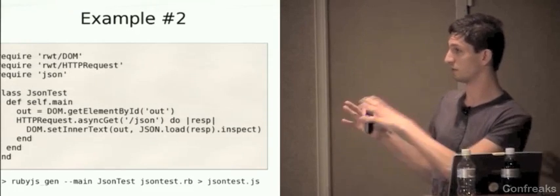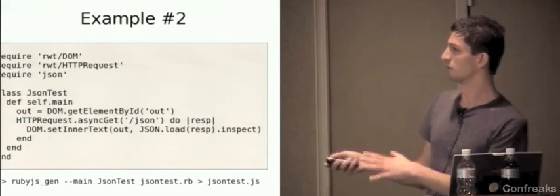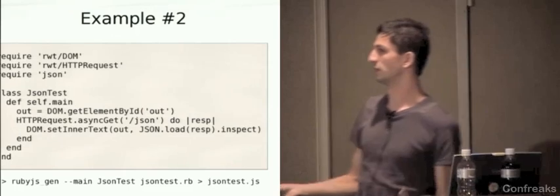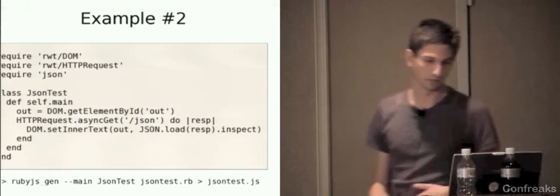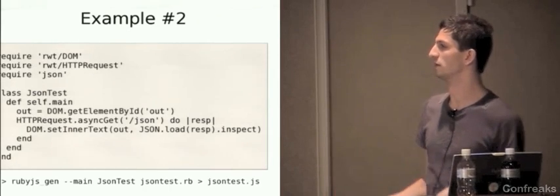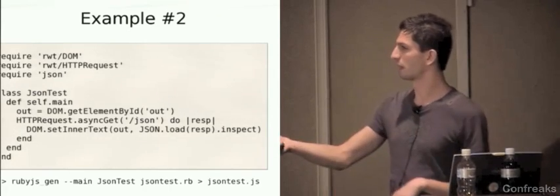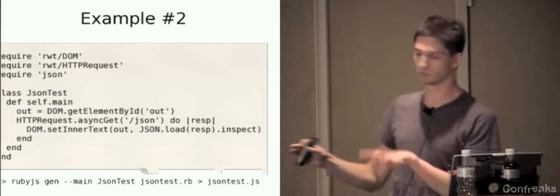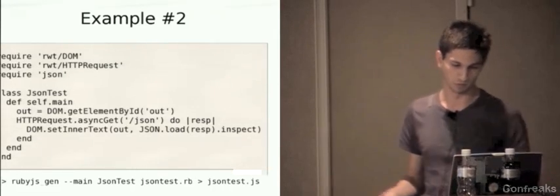This is all on the JavaScript side, and I call inspect like we do in Ruby as well, and it will give me the same result as if I would run exactly the same code on the Ruby side. So inspect is actually implemented in JavaScript, but it will give the same results.